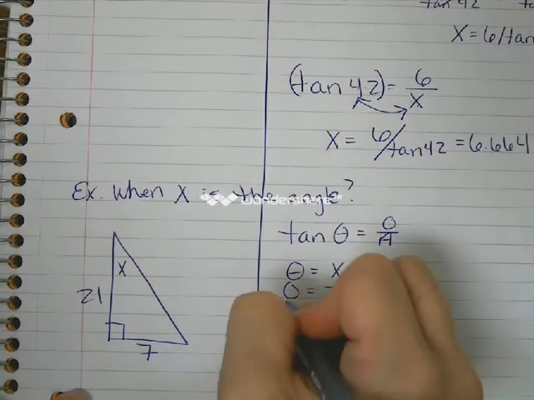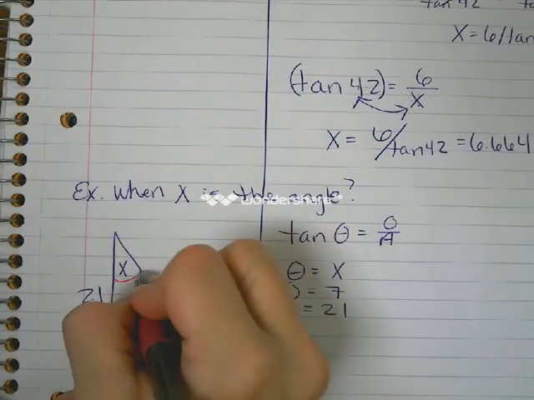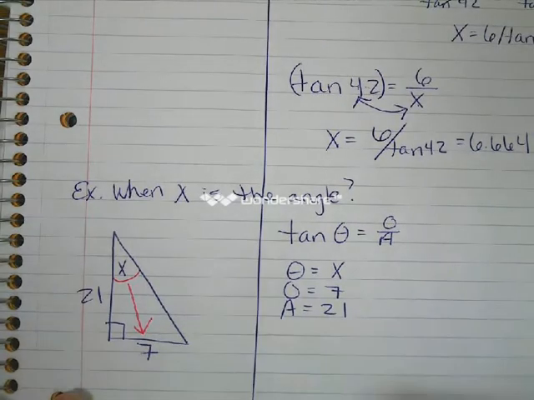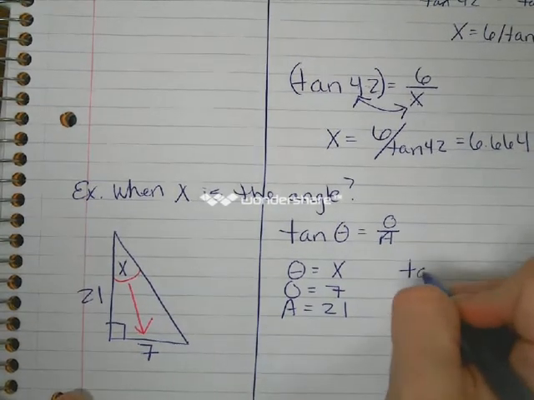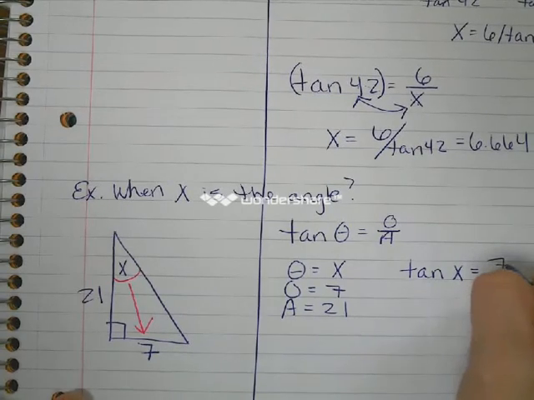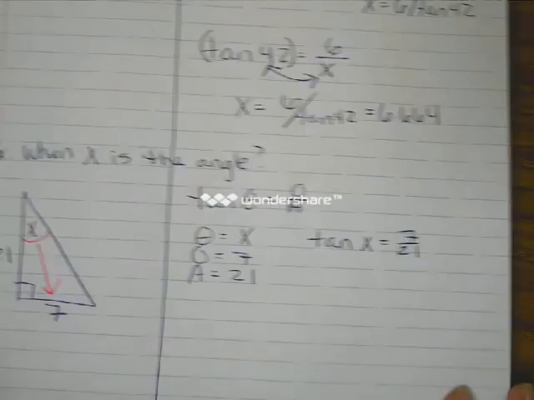In this case, if I look at my theta, the 7 is opposite, and plug into the formula. Now, in this case, we're trying to solve for x, so we need to get rid of the tangent.